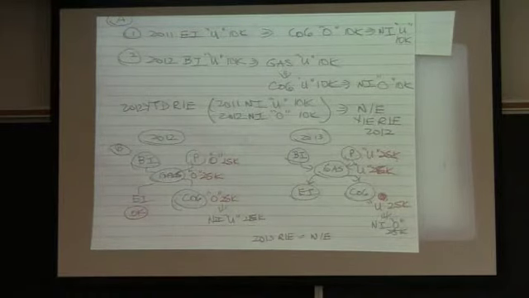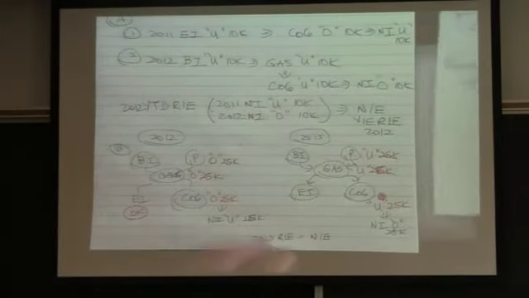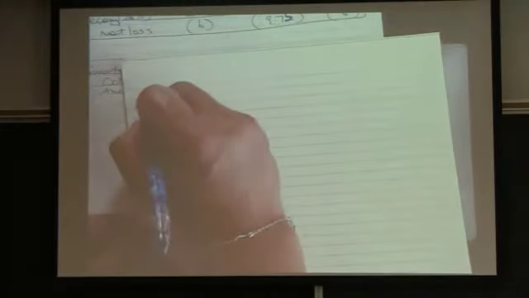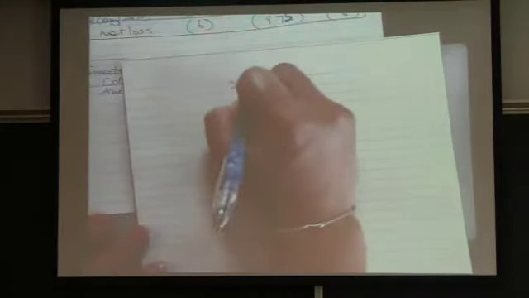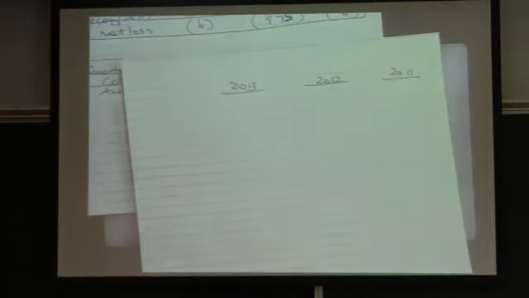Now, we're going to go back to the question and we're going to say, okay, let's look at what the impact is to net income, all right? So why don't we take a look at the net income before. So this is before, so 2013, 2012, and 2011.